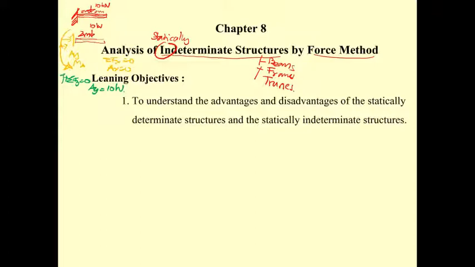And if you take the moment at A, summation of M sub A equal to 0, M sub A is going to be 10 times 2, that is 20 kilonewton meter.